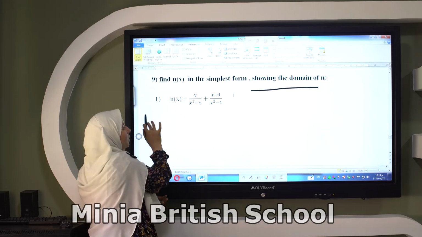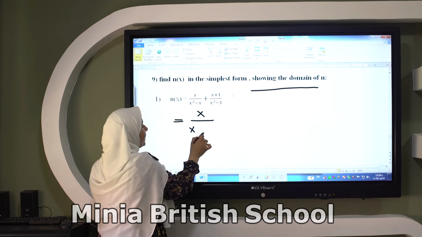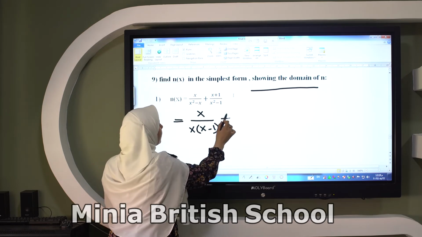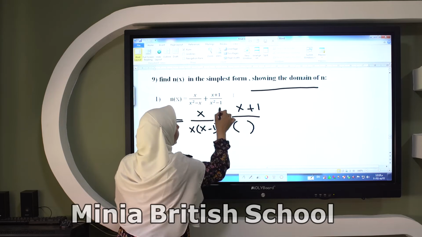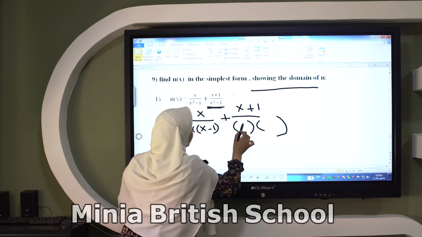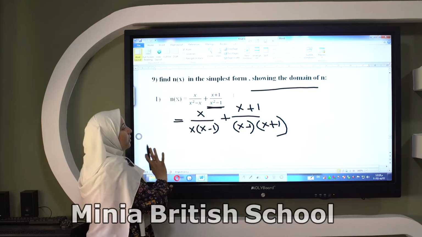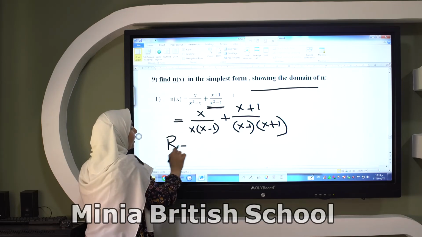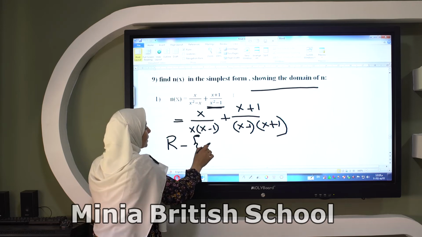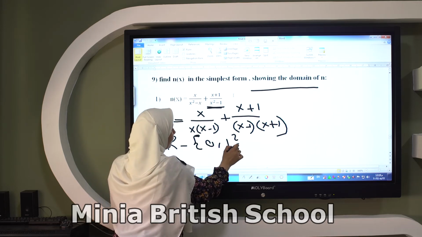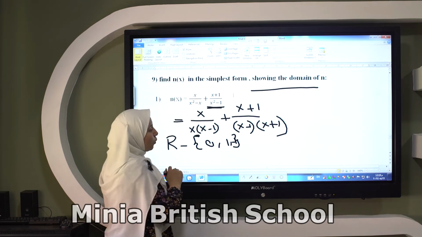So the first one I will simplify: x(x - 1), plus 1 over (x - 1)(x + 1), the difference between two squares. First, find the domain: R except 0 and 1 and also -1.